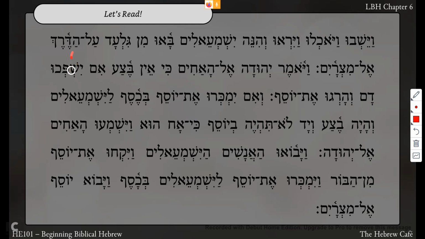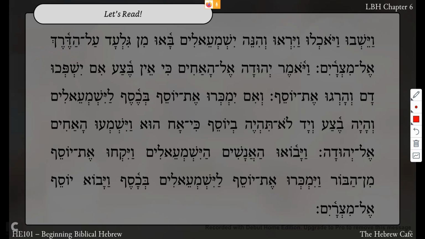Yishpechu, which is from the word shafach. What is shafach? Shafach is the verb spill or pour out. It's in the vocabulary words for the chapters.